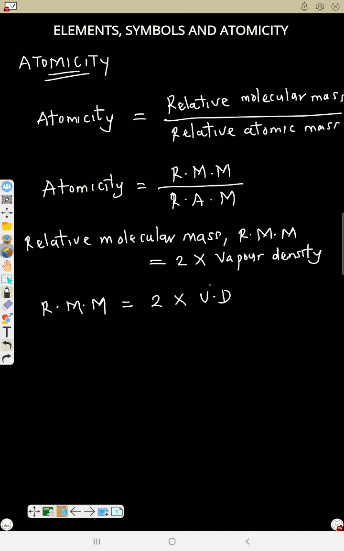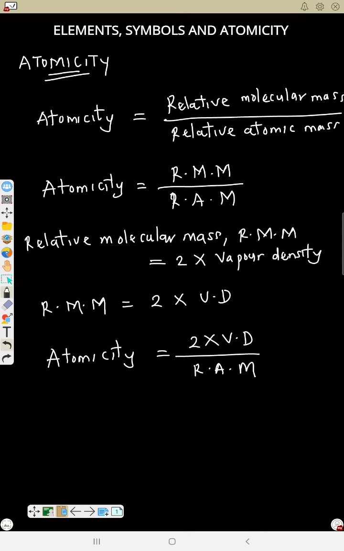Now, if relative molecular mass is 2 times vapor density, then we can replace it here. That means my atomicity can also be 2 times vapor density divided by relative atomic mass. So let's see an example on this.